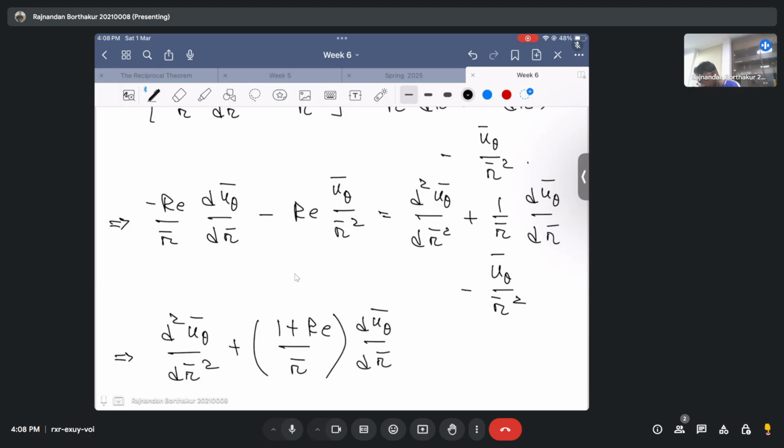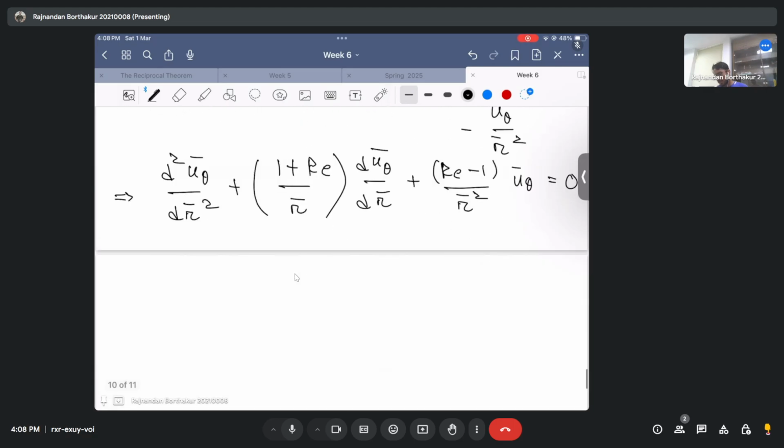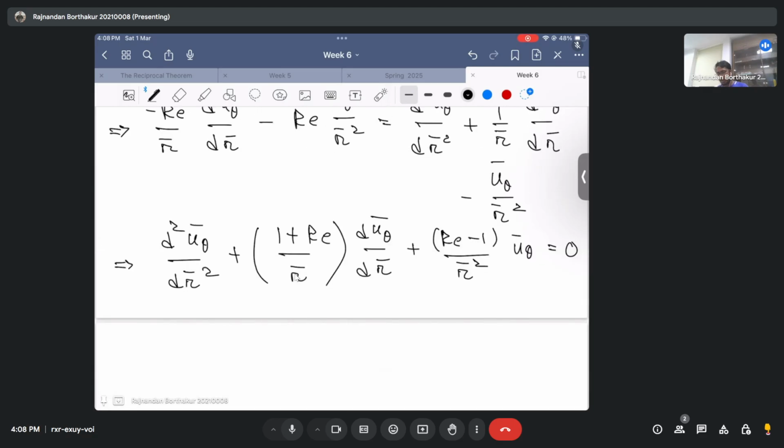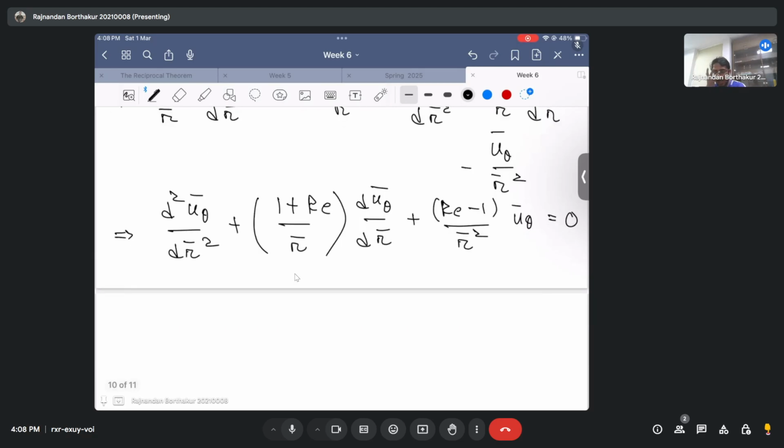And the other term would give me Reynolds number minus 1 by r bar squared times u theta bar. I hope I'm correct. All right, so far a little more simplified. We'll do one more step and then you will see a nice little thing come up.